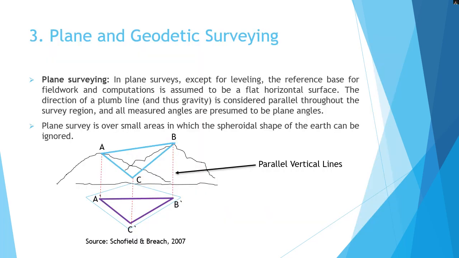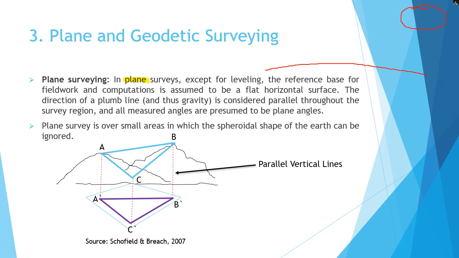Now, consider the plane and geodetic surveying concepts. Plane surveying. Plane means flat. So you see that we assume that our Earth's surface is flat. We know the actual Earth's surface is not ideally flat. It's a curve, and the shape of the Earth is an ellipse.